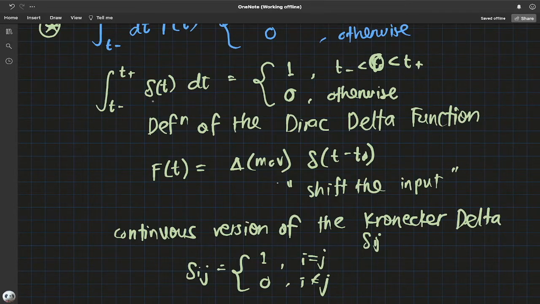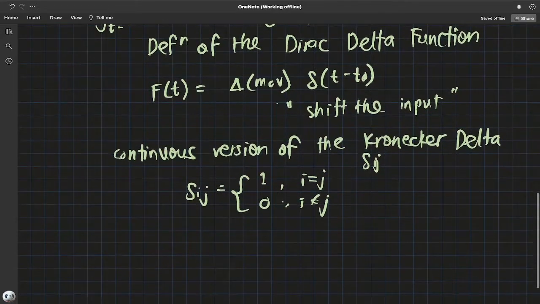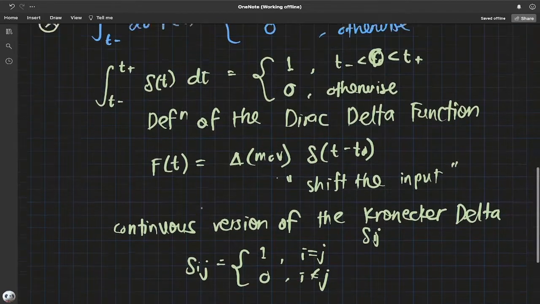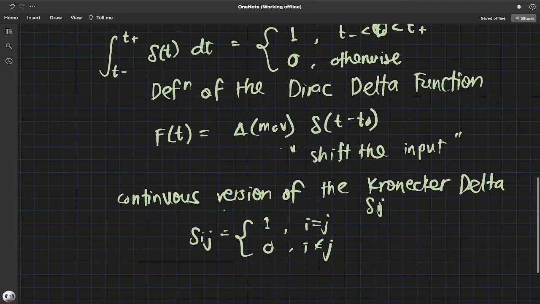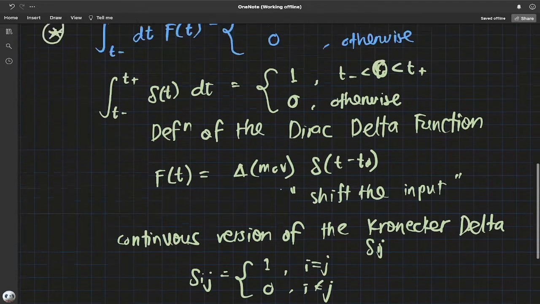But when the argument of the delta is equal to 0, that's when the delta is going to integrate out to give us 1. Otherwise it's going to give us 0. So it's sort of analogous to that. When i is equal to j, think of i and j as the arguments of the Kronecker delta. In this case, the continuous analog of subscripts is arguments.